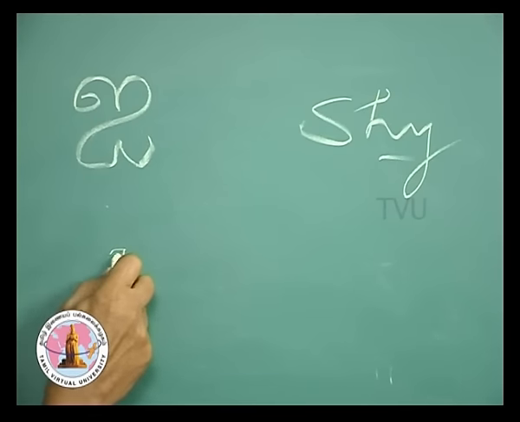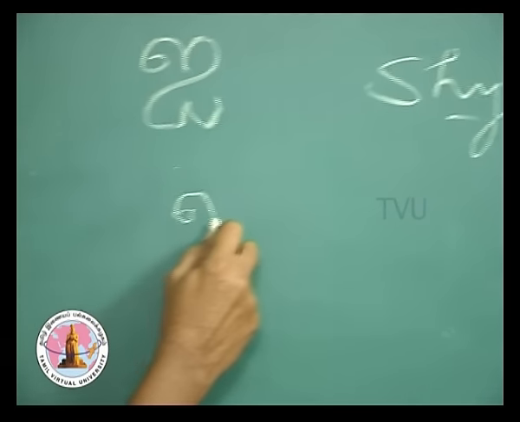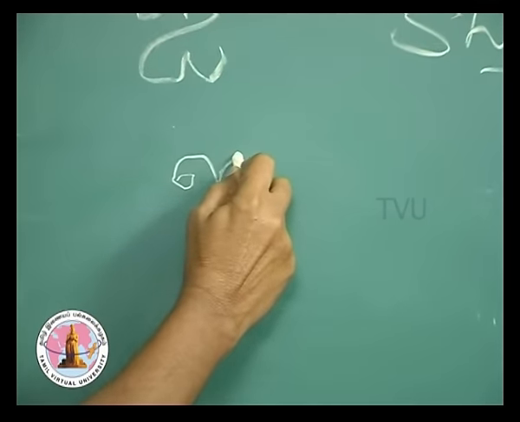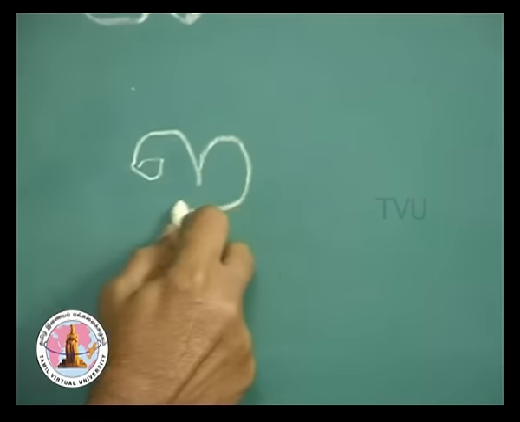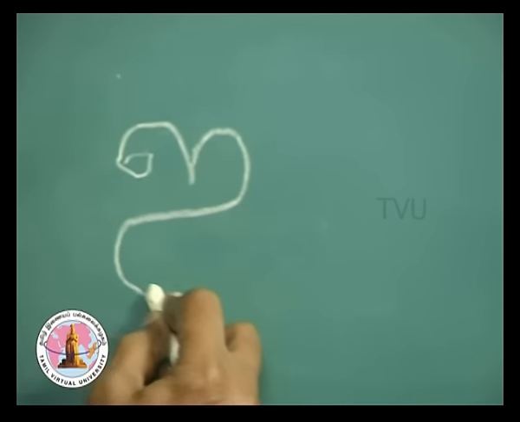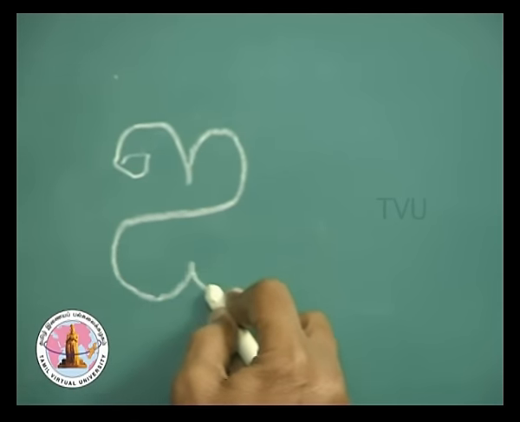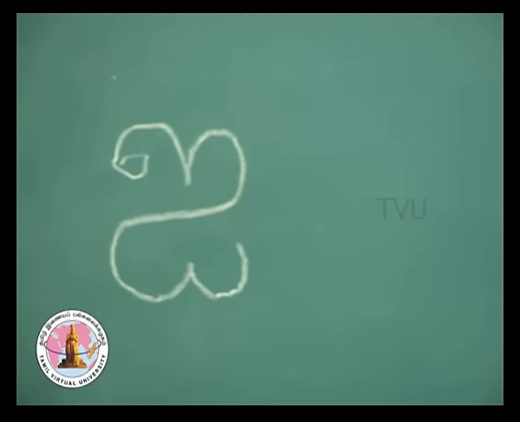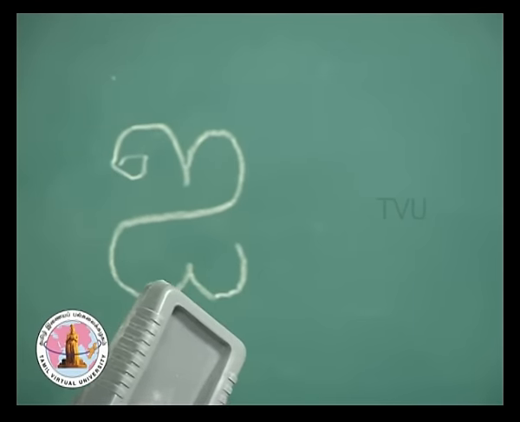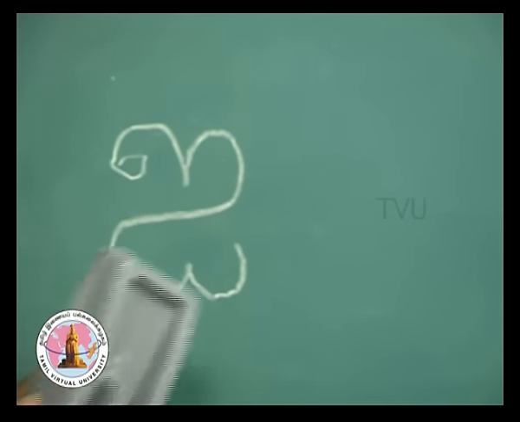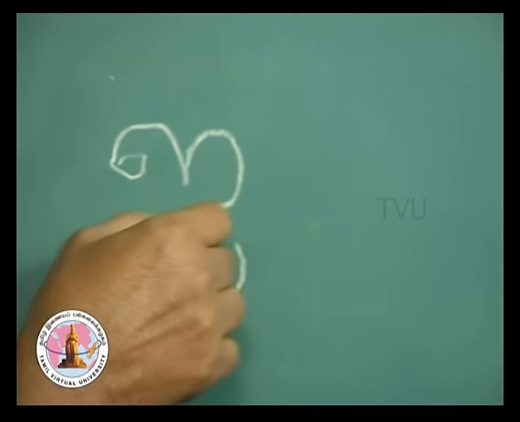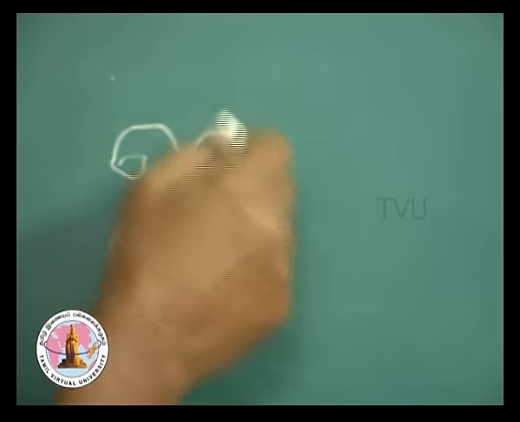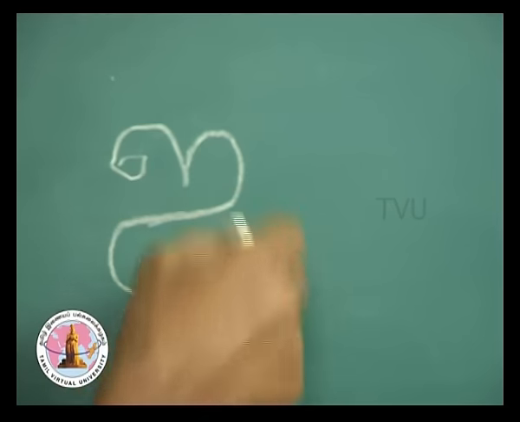Again you start with a circle, go up, come down, again go up, come down, take a bend, come down, go up, and then again another curve. Here you find, except this horizontal stretch, you have only curves. There are 4 curves.